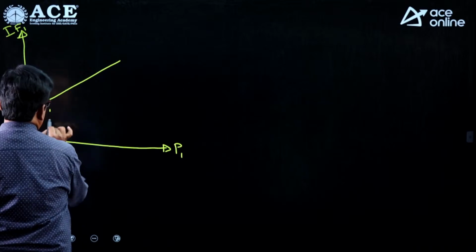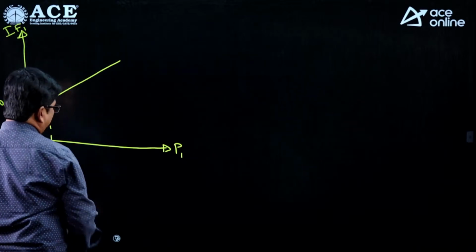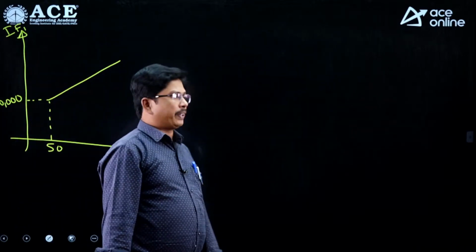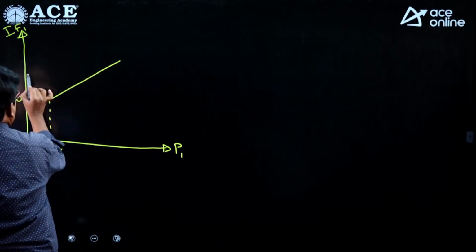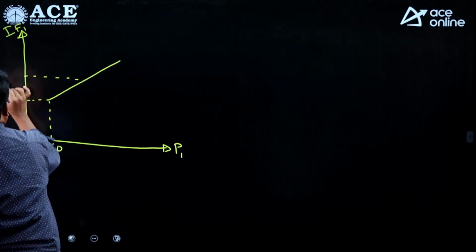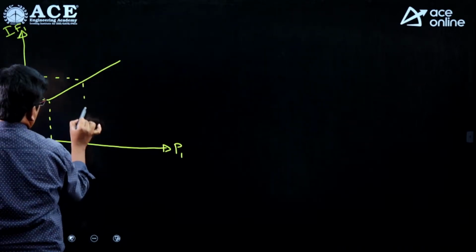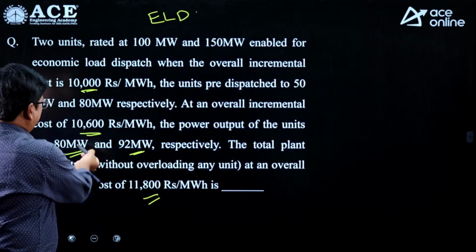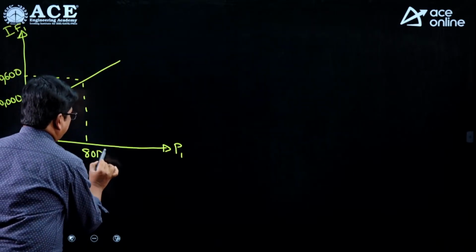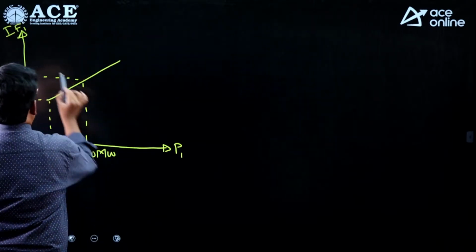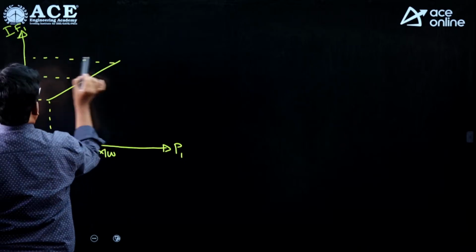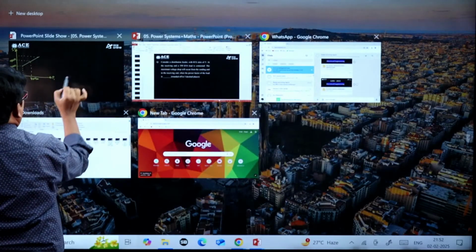For that, what is the megawatt power output? 50. For 10,000 it will be 50. And one more incremental fuel cost is given, 10,600. And for this one, what is the power output given? 80 megawatt. And one more they are asking, 11,800. It will be 11,800.